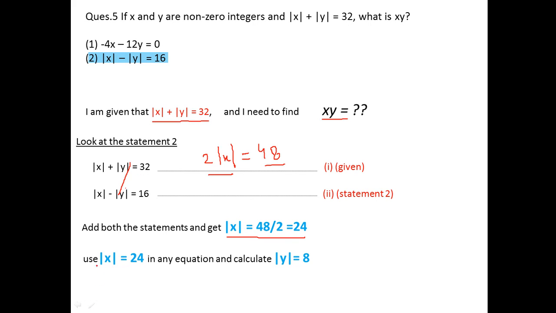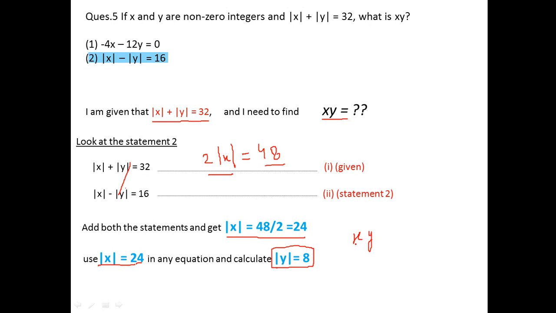Use |x| is equal to 24 in either of the two equations and get the value of |y|. So I calculate the value of |y|, and that comes out to be 8. Alright, now I have |x| is equal to 24 and |y| is equal to 8, and I need to calculate xy.